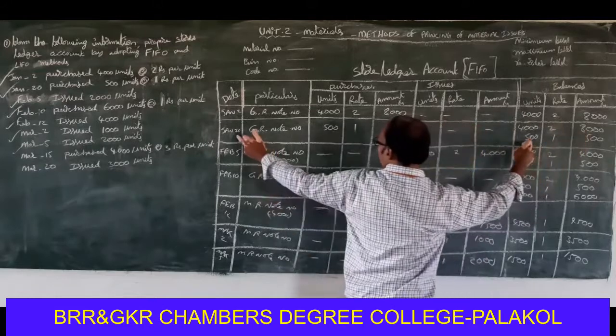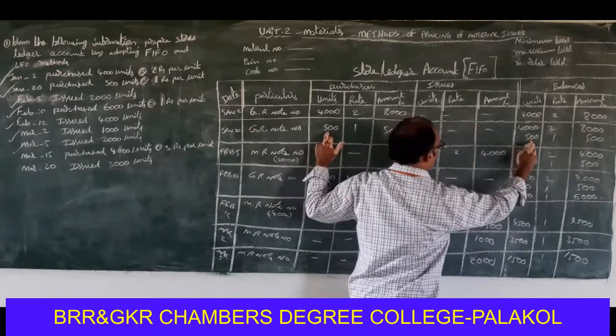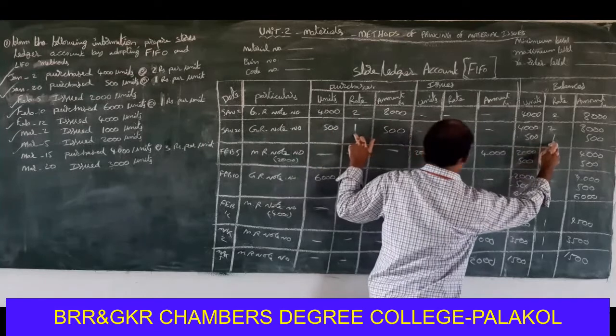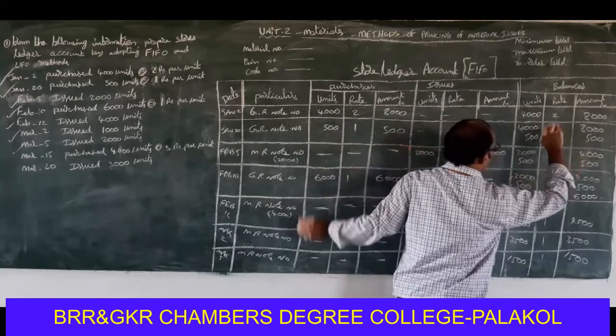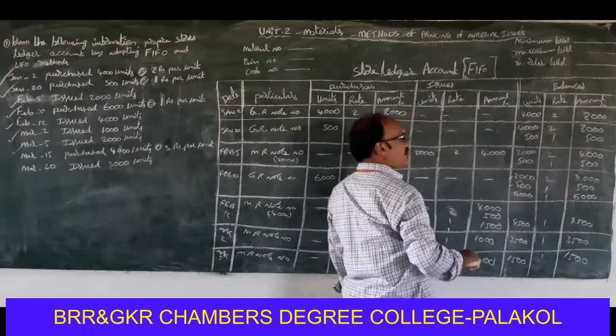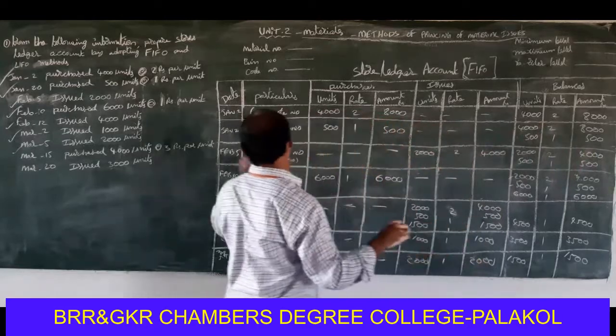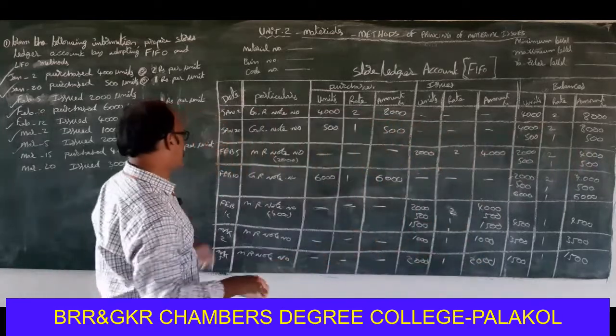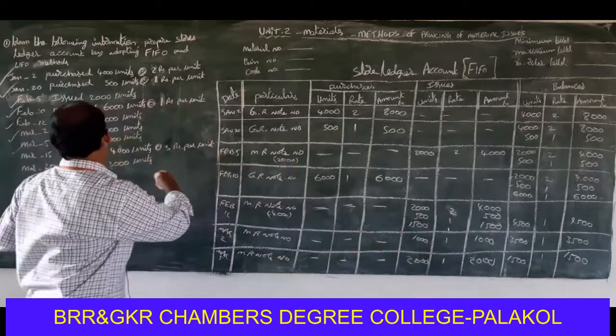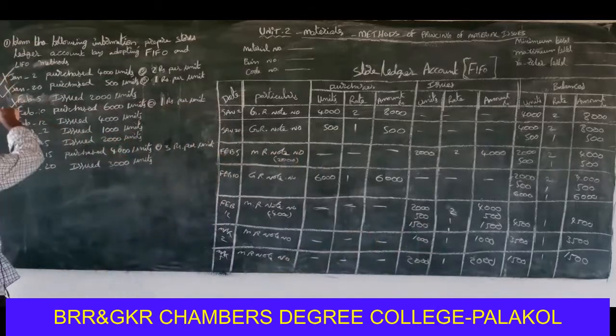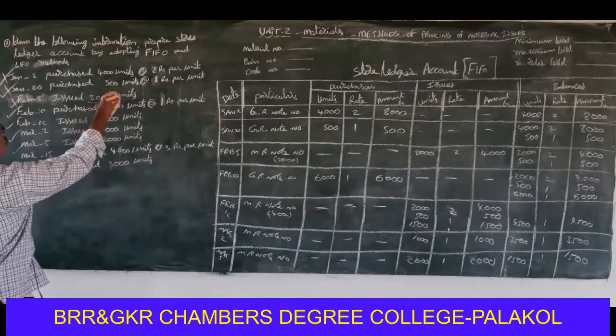The two types of materials are available at the end of January 20th. Next one, February 5th. How many units wanted to issue?